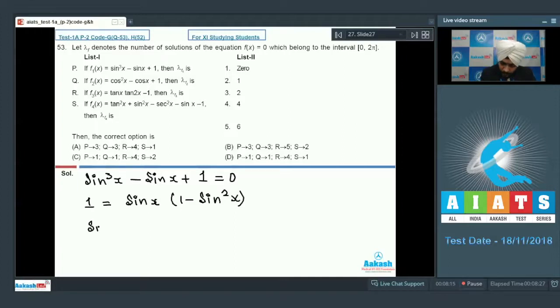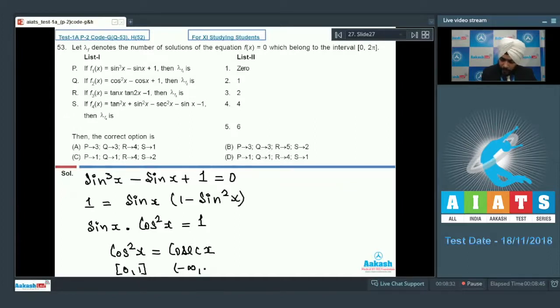So sin x into cos square x is 1, which means that cos square x is equal to cosecant x, which is never possible because the range of cosecant is minus infinity to minus 1, union 1 to infinity. And both of them simultaneously can never be equal to 1 because if cos square x is 1, cosecant x is not defined. Okay? So we have no solution.